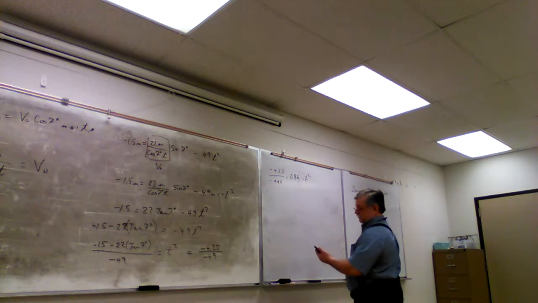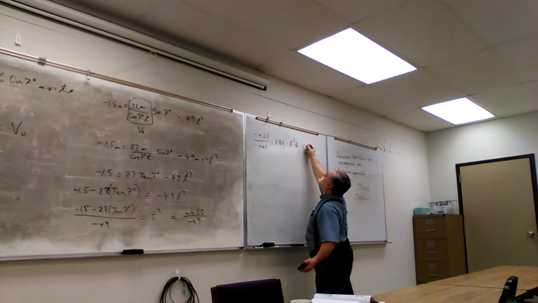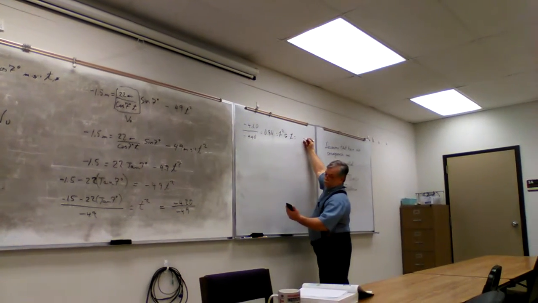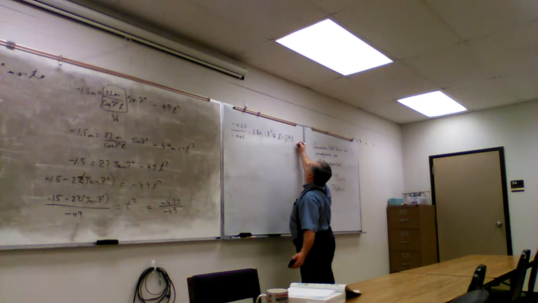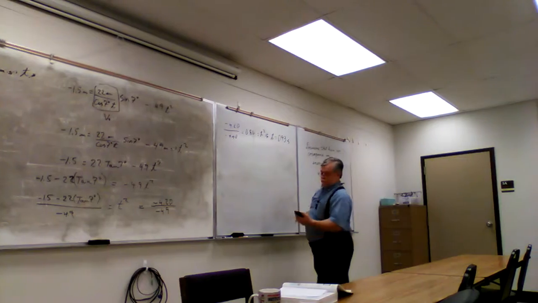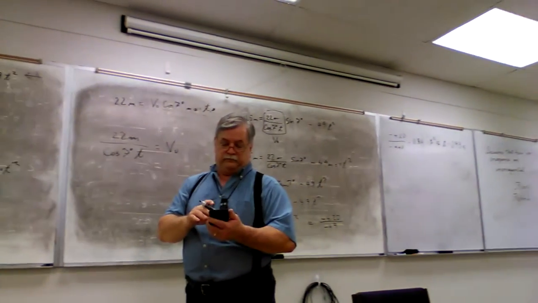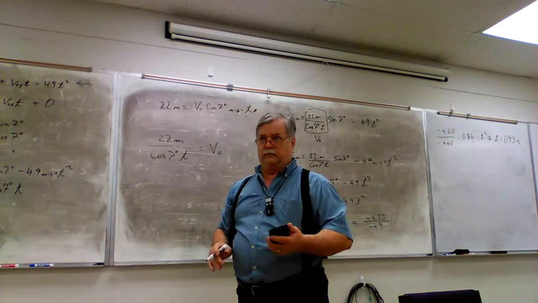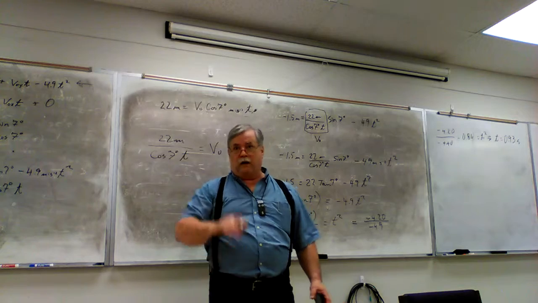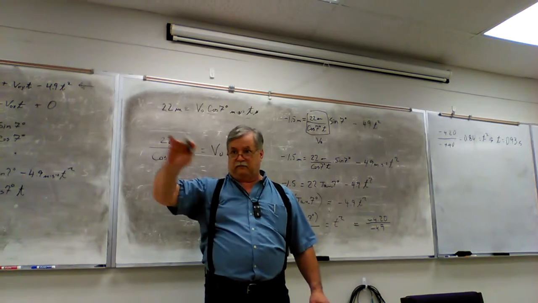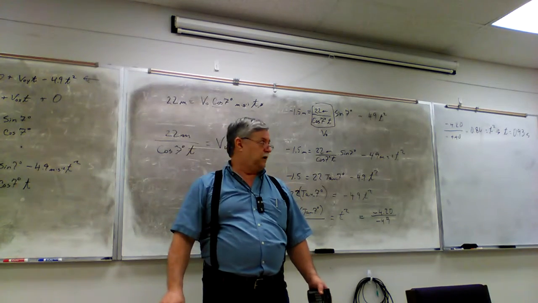And when we take the square root of it, 0.93 seconds. How many seconds was it in flight the first time? Now it's up to 0.93. So giving it even that slight vertical velocity gave it a whole lot more time.